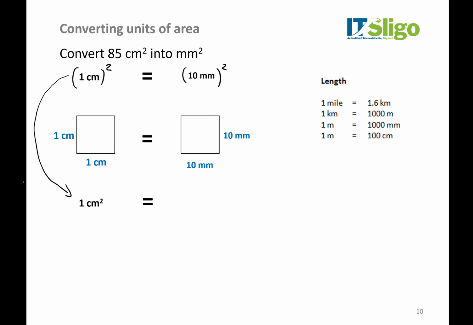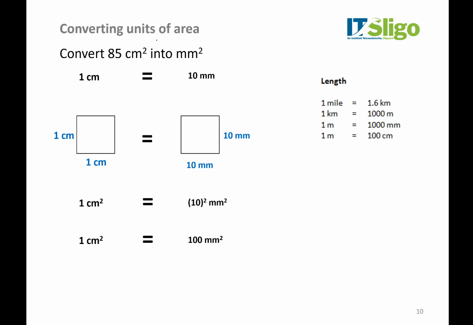The main thing though, guys, is remember, if we're squaring AB, both bits get squared. So the number gets squared and the unit gets squared. Now the same happens here. The 10 gets squared and the millimeters get squared. So now we just square out the 10.